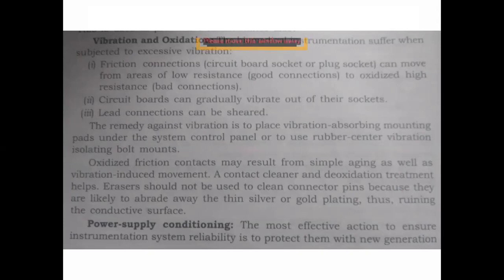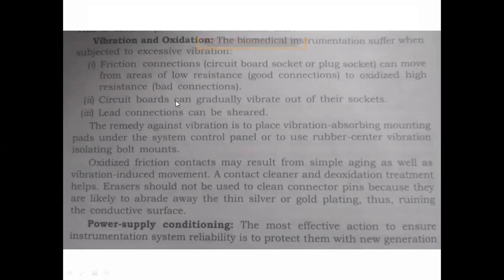Then when we insert the sockets, they may not detect well. So like that we can maintain those parts, the connecting wires. Circuit boards can gradually vibrate out of their sockets.